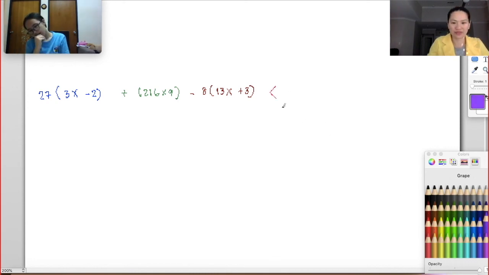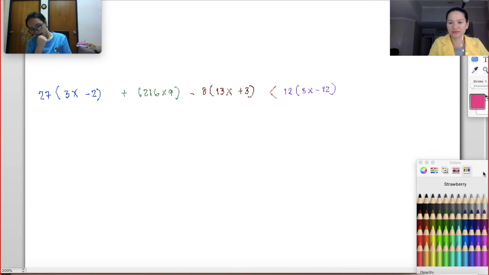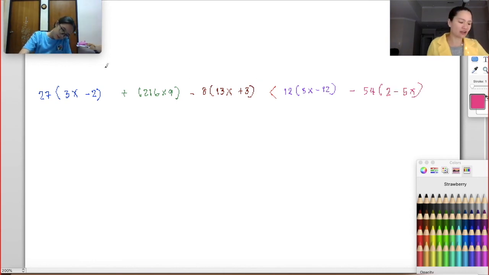For this one, 12 multiplied with, in the bracket, 5x minus 12, and then minus 54 multiplied with 2 minus 5x. Jasmine, can you double check that all the numbers that we write down are correct? This one is quite a shortcut as well.